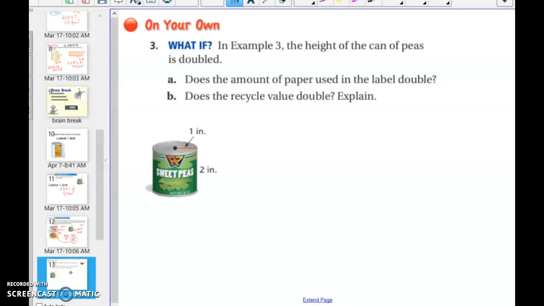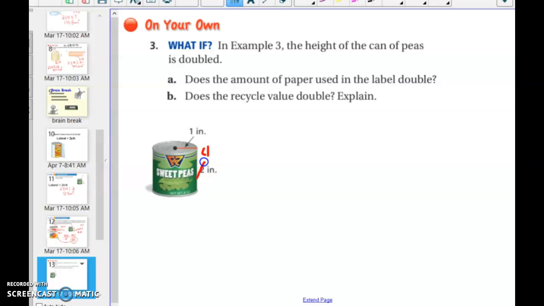Okay, now what if? It says in example 3, the height of the can of peas is doubled. Does the amount of paper used in the label double? Okay, so if I am now doubling this height here, that means now it's going to have a height of 4.